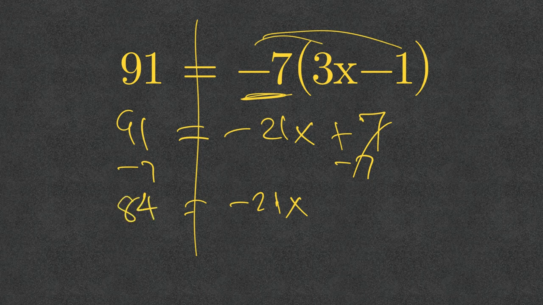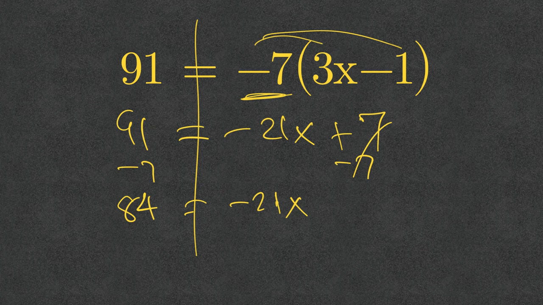At a baby. 84 equals negative 21x. Everybody okay so far? We good with where all that's coming from?